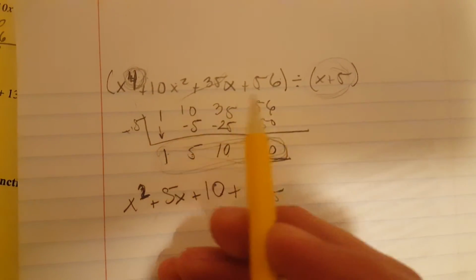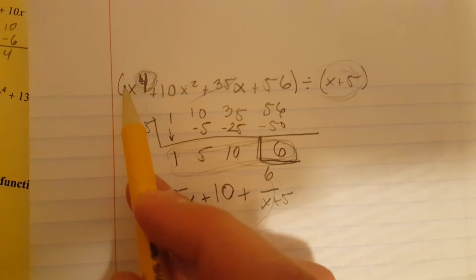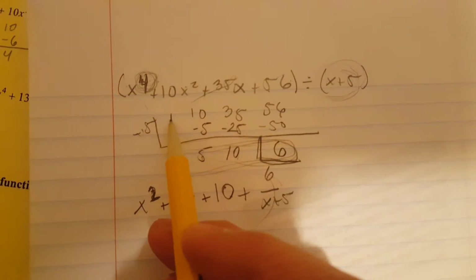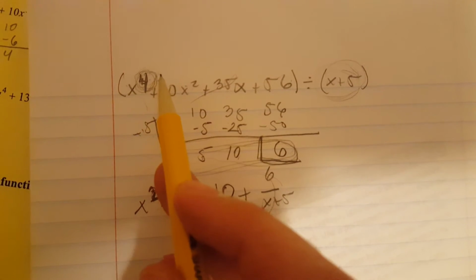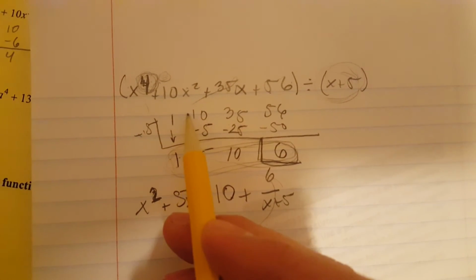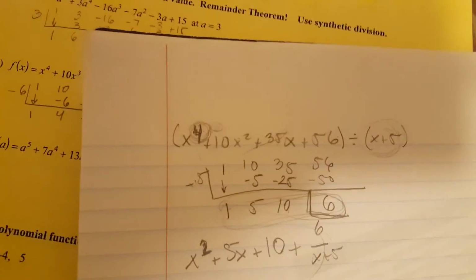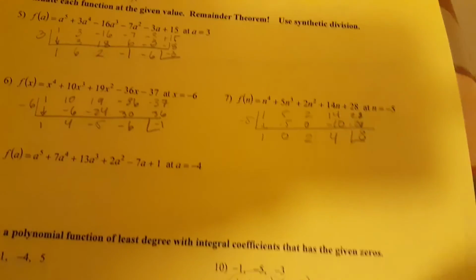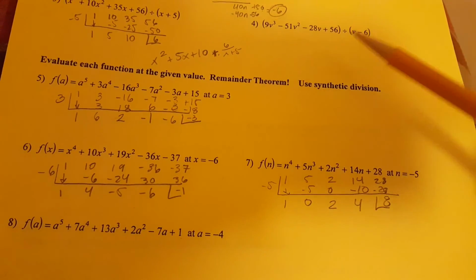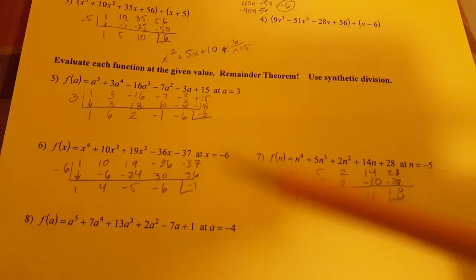So what you have to do when you synthetically divide, you have to put the leading coefficient, right, 1, and then to hold the third exponent spot, you put a 0, right? So that would shift all of them over. That's the only thing to remember about that. Yeah, so just do that. That is the easiest way to do it.